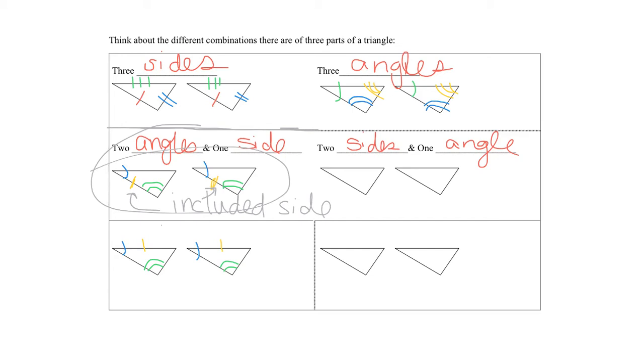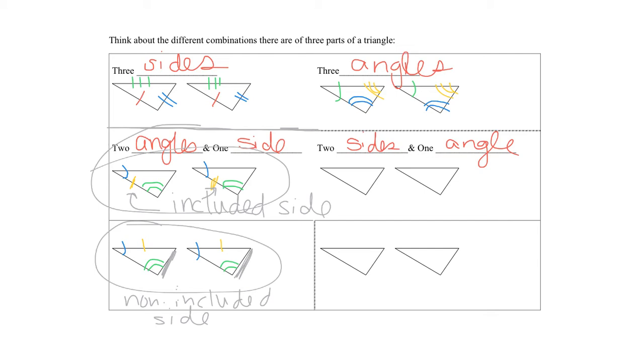Where in the second example, this would be called a non-included side because it's not physically connecting those 2 angles. And it could have been that side, or also it could have been this other pair of sides over here. Both of them would be a non-included side because it's not the side that's connecting the 2 angles.